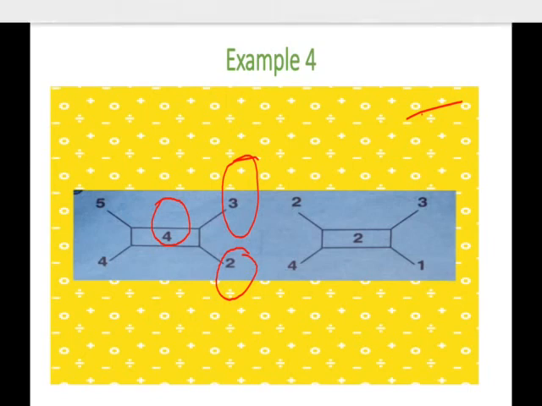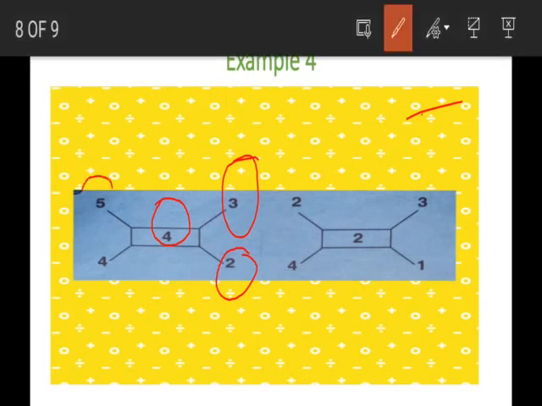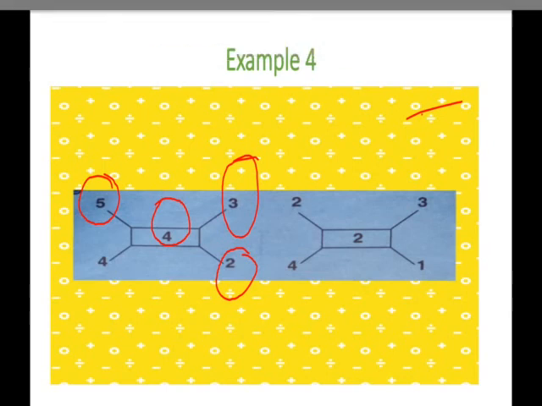Assuming this 5 on the left hand side was not given, how do we get our 5? This is what we simply do.